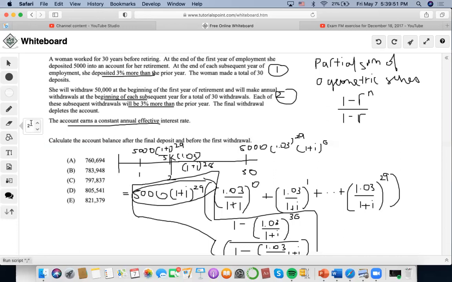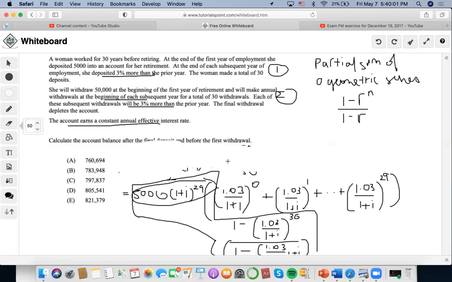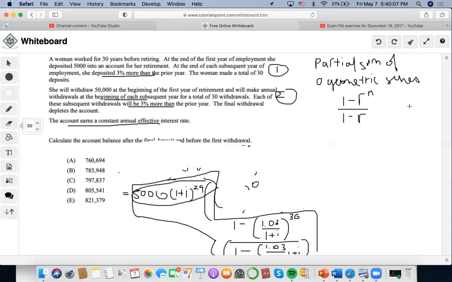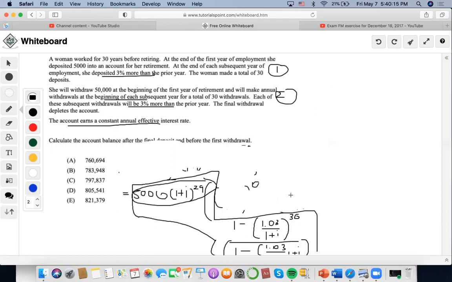Now we can simplify this geometric fraction even more. So what I'm going to do now is erase this so I can get more space. Partial sum of geometric series, remember that. So what I'm going to do is change this to a full fraction, right? I'm going to do 1.03 to the 30 over 1 plus i to the 30.